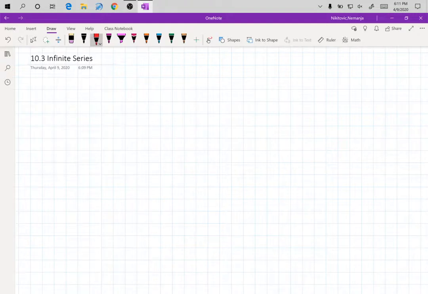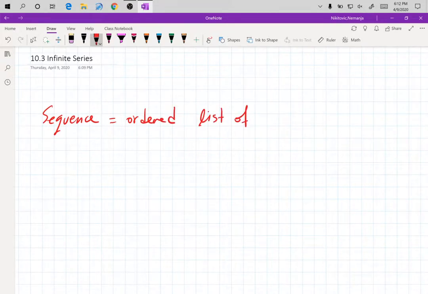So, last class, 2 days ago, we talked about sequences. A sequence was an ordered list of numbers, and the ordering was done through the natural set of numbers n. That n appeared in the index and represented the location of the term in the sequence. So from last time, a sequence was the ordered list of numbers.